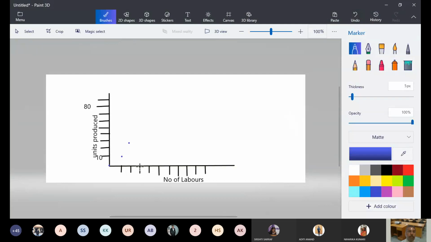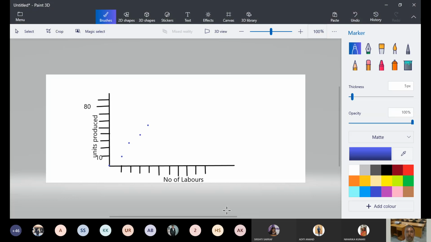So on 3, we have to go to 39. So almost on the 4th, and here it will be 3rd. So we have 39. Then we have 52. So from here, we move on to 50, and slightly above 50 will be 52.